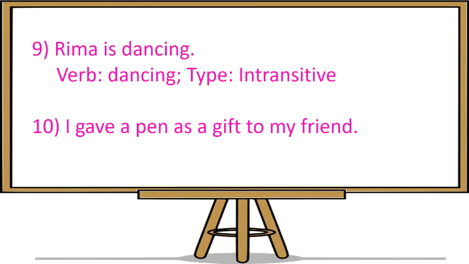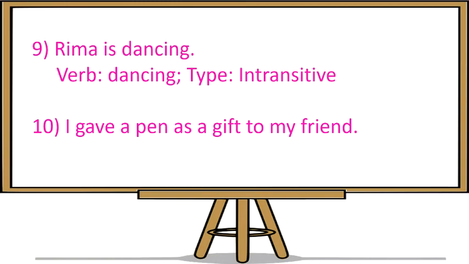Now this is very interesting. I gave a pen as a gift to my friend. What is the subject? I. What is the verb? Gave. I gave what? I gave a pen. So that means there is an object? Yes.